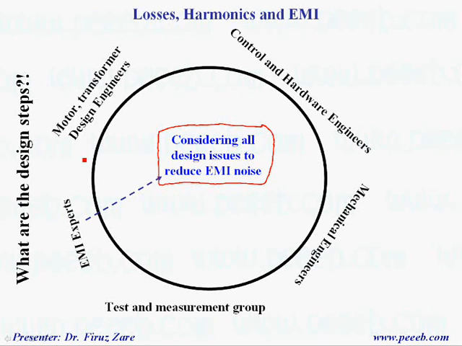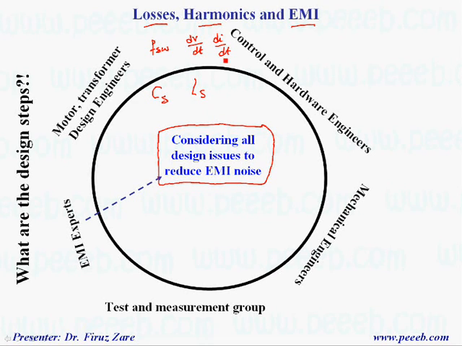So it's quite important to communicate with each other and to consider these three factors: losses, harmonics, EMI, because some of the factors which can affect them are switching losses, switching speed, which creates dv/dt and di/dt, and also stray components such as stray capacitor or stray inductor.